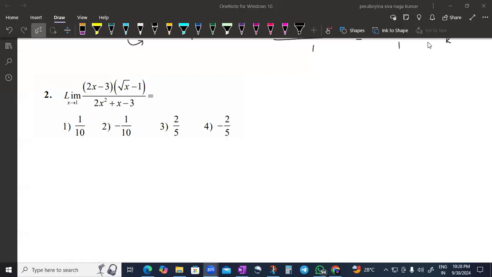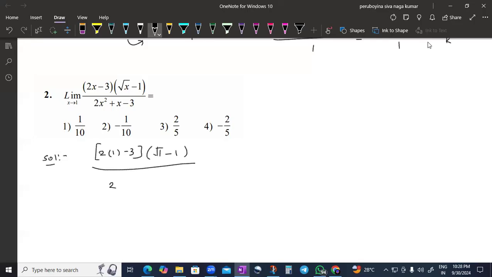So problem number 2. Try to substitute the limit directly. x is 1. So 2 into 1 minus 3, into root of 1 minus 1, divided by 2 into 1 squared plus 1 minus 3. Of course, the numerator is 0. If you see the calculation, the denominator is also 0, which is an undetermined form.